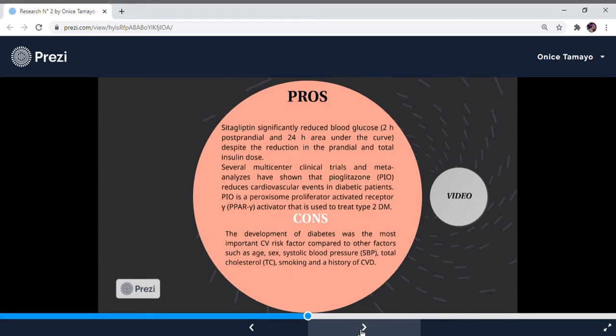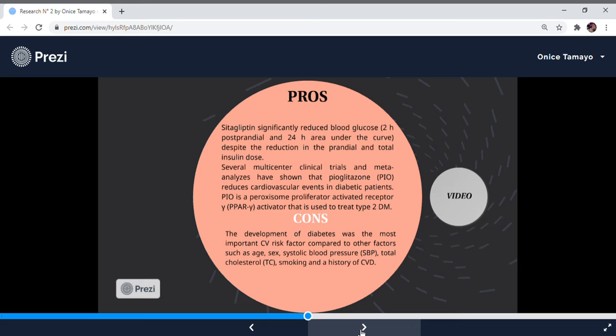Pros and cons. Pros: Sitagliptin significantly reduces blood glucose 2 hours postprandial and 24-hour area under the curve, despite the reduction in the prandial and total insulin dose.